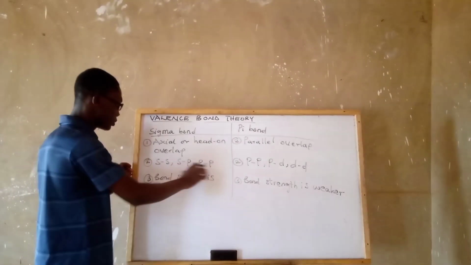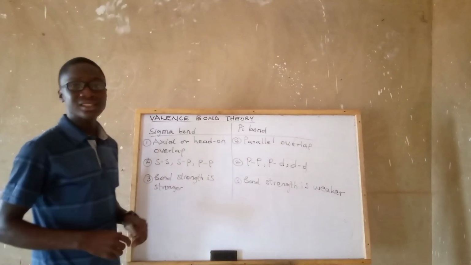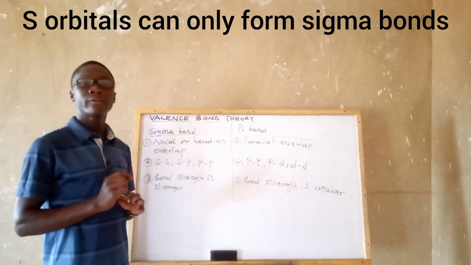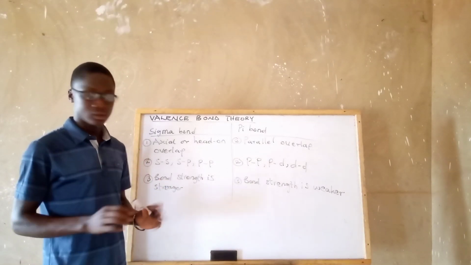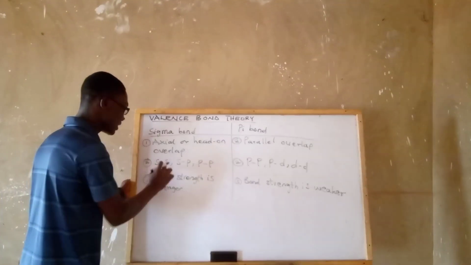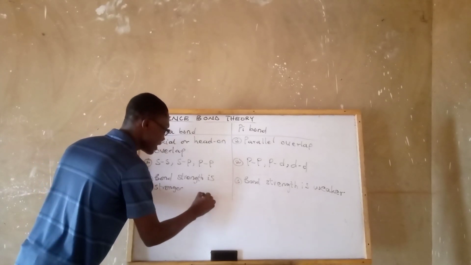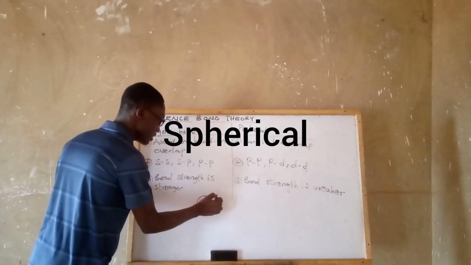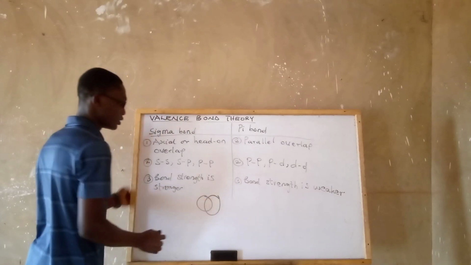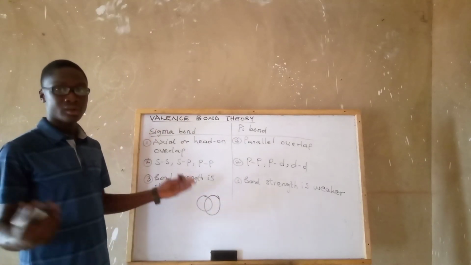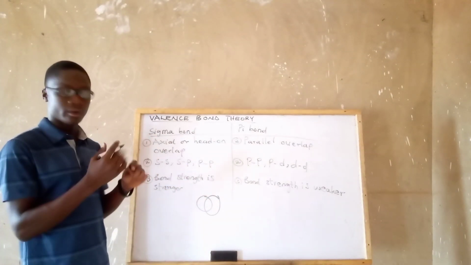Let's show this. We know that S orbitals can form only sigma bonds. So SS, you have 2 S orbitals. S is spherical, and you also have S here. So they can form a sigma bond by overlapping head-on.